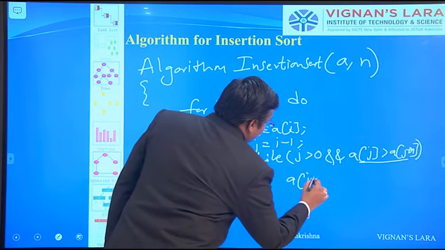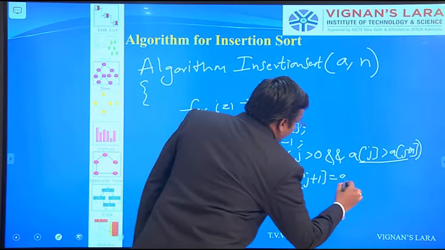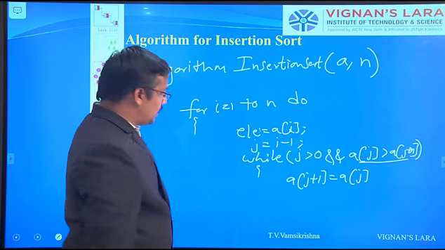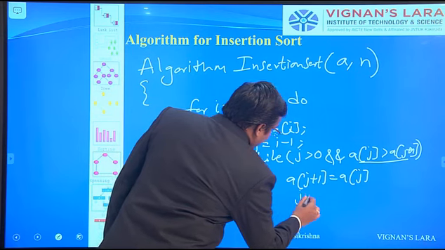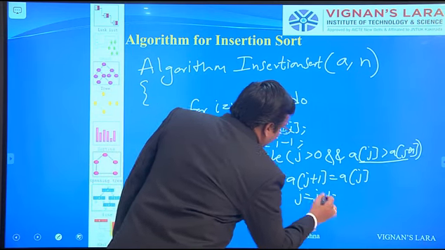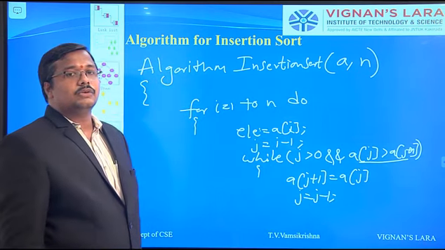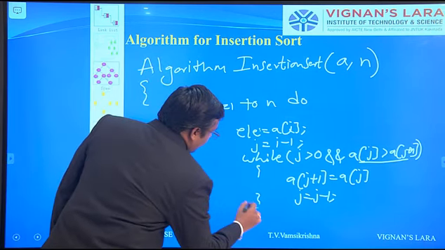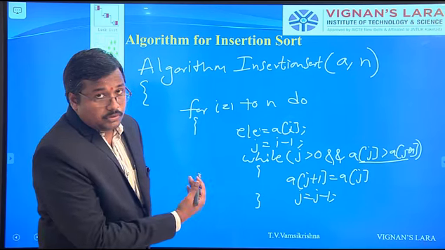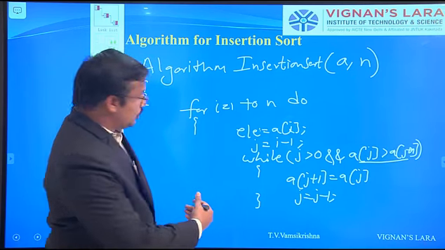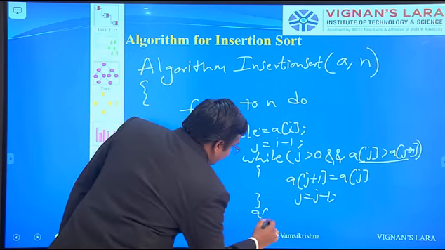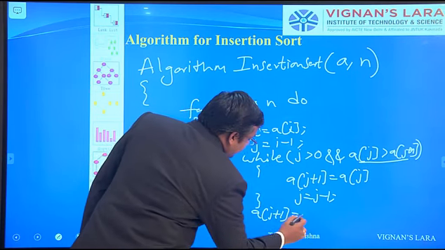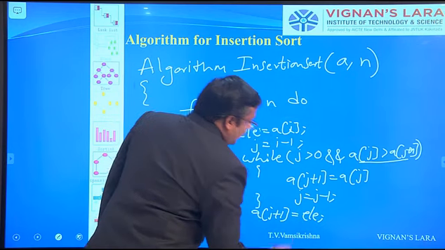A of j plus 1 is equal to A of j. And after that, the j value is decremented, so j is equal to j minus 1. So end of the while. When the control comes out of the loop, at that time some element is there in our hand. The element should be copied.